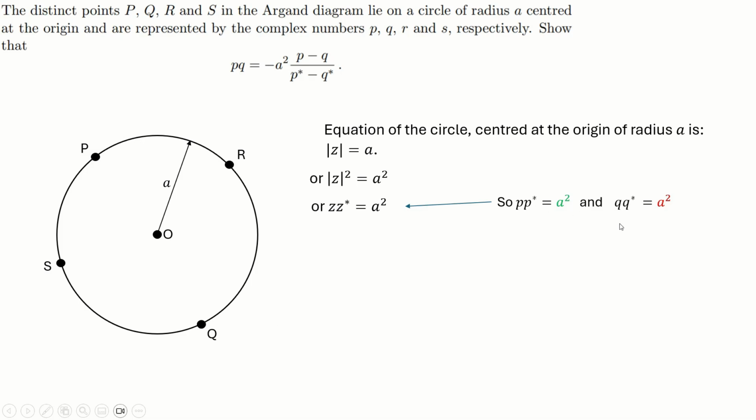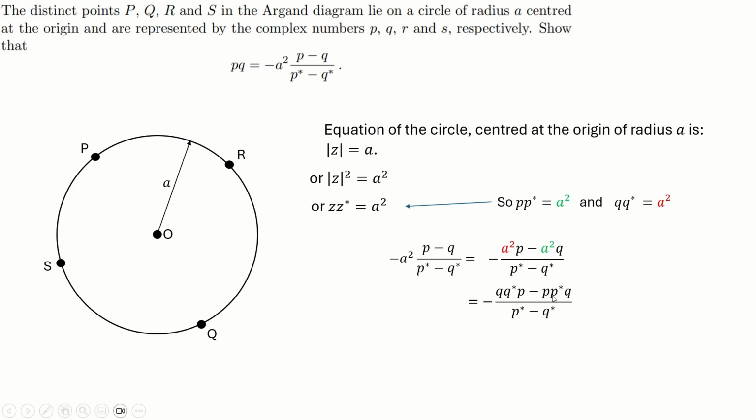Right, so we get this information in here, and now we're ready to start on the right hand side, because we can just throw those results into here. If we multiply everything by a squared, or just move that a squared into the result like this, a squared p is the same as just multiplying this by p both sides, so it becomes p star p, and likewise for a squared q, right? So that's cool.